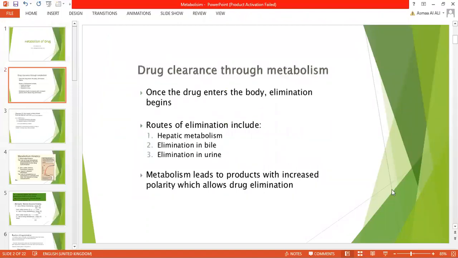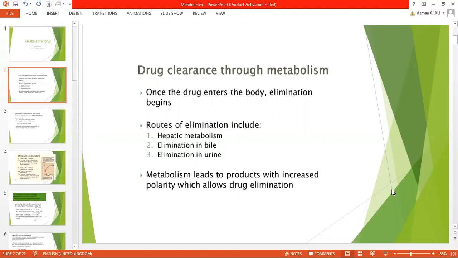So, for drug clearance through metabolism, once a drug enters the body, the process of elimination begins. So, routes of elimination could include hepatic metabolism, elimination in bile, and elimination in urine.